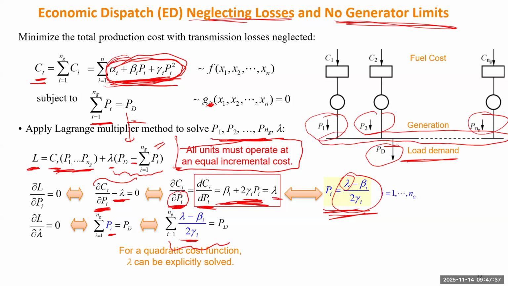To solve it, you need some techniques such as the Gauss method or Newton-Raphson method. But for this case, we can give a solution. It looks a little bit complex, but you can easily prove it, for example, for the case of two generators, where you only have P1 and P2. Then you can extend the solution to more generators.